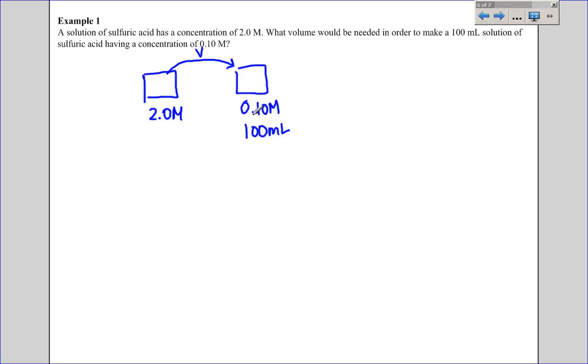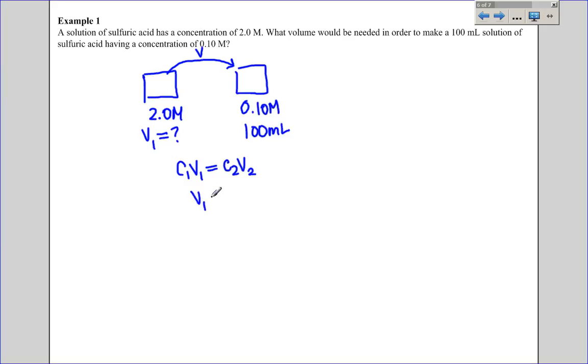So I know my final concentration and my final volume, and I would like to know how much of this solution I will need in order to prepare this. So when we look at this, C1V1 equals C2V2. I'm trying to find how much of this solution I'm going to use in order to prepare the new solution.